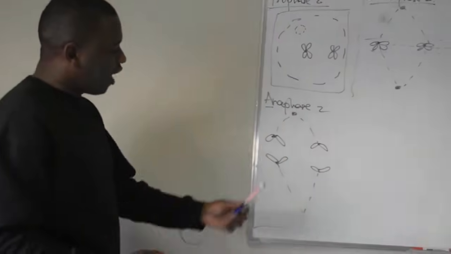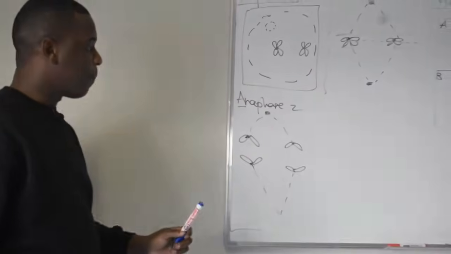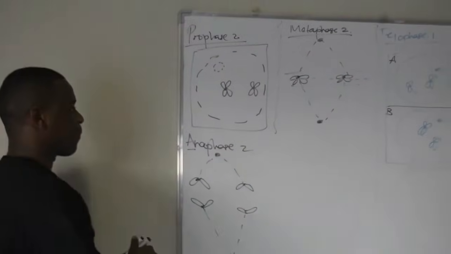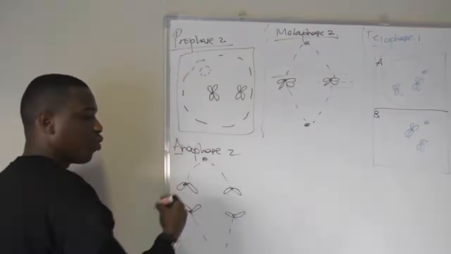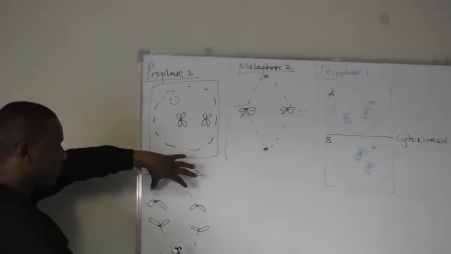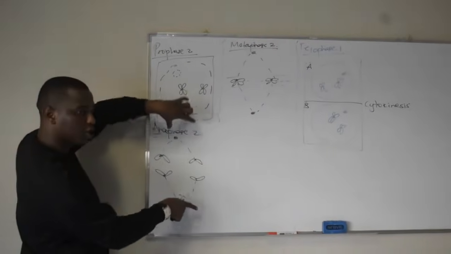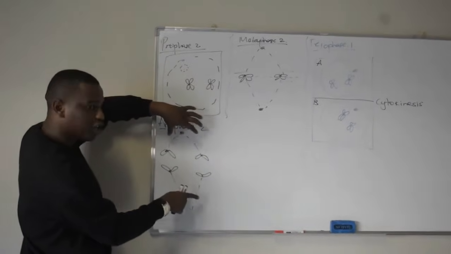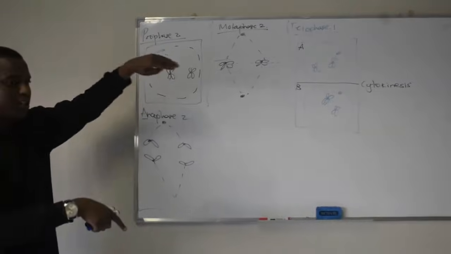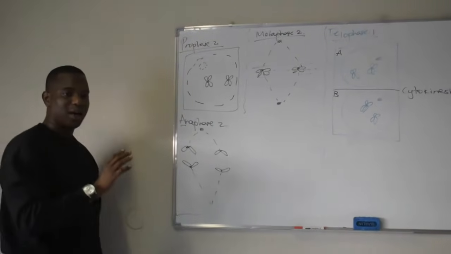When you join this, it forms that, but now we have chromatids. So whatever you said in anaphase 1, the spindle fibers contract to pull chromosomes, but now we're not pulling chromosomes. Spindle fibers contract to pull chromatids. That's the difference between 1 and 2. In the other one, we're pulling chromosomes. This side, we're pulling chromatids.